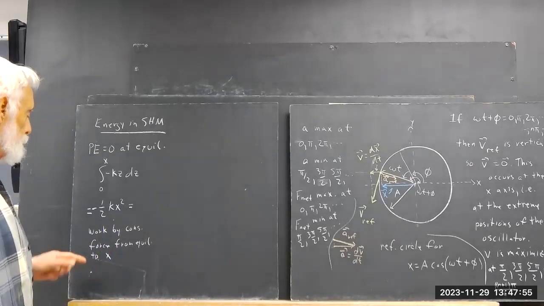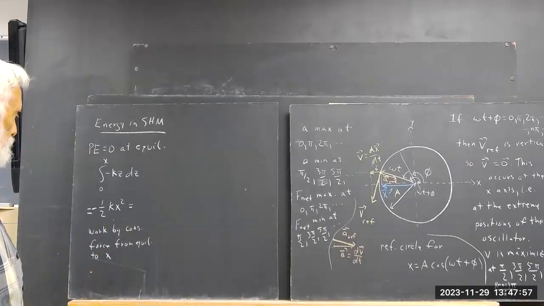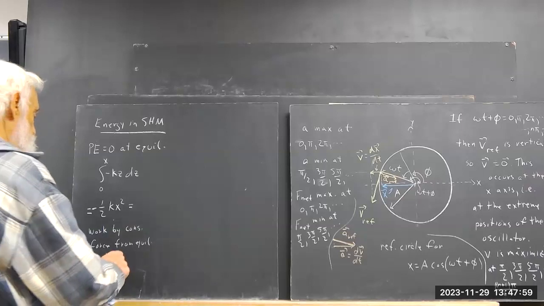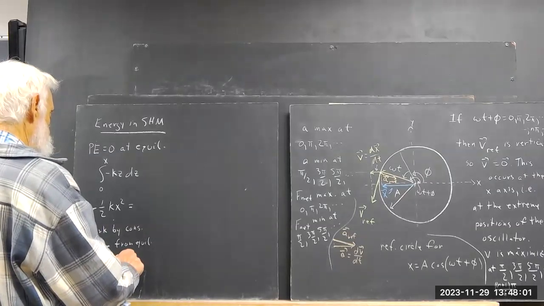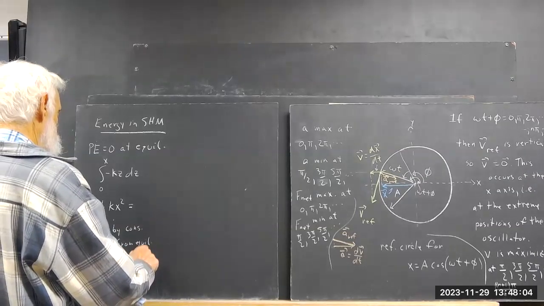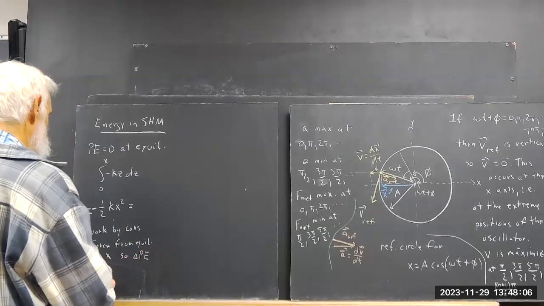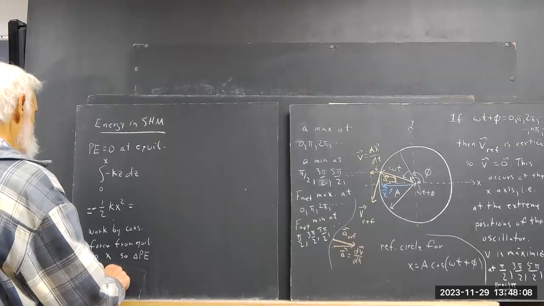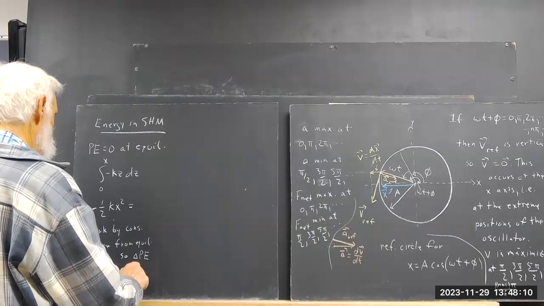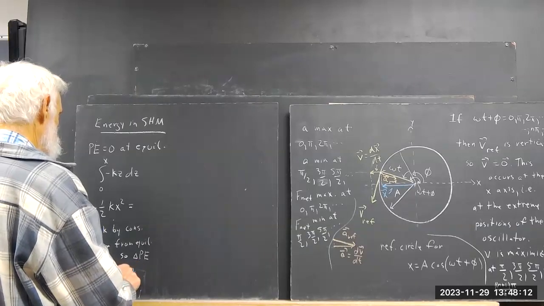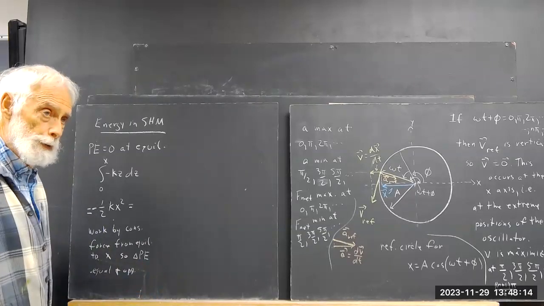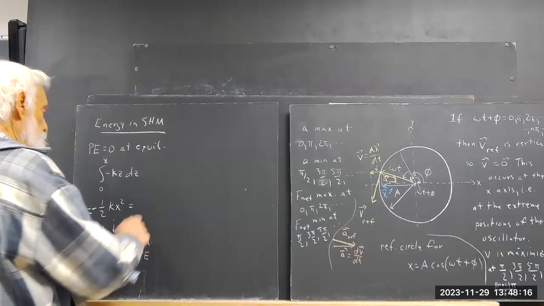It's the work done by a conservative force from equilibrium to X. There, delta PE is equal and opposite, as always, to the work done.